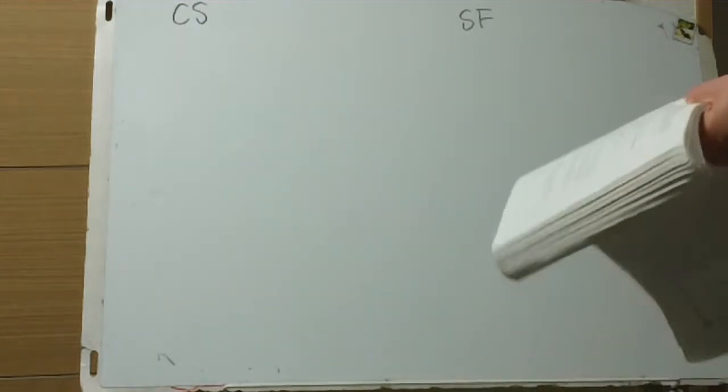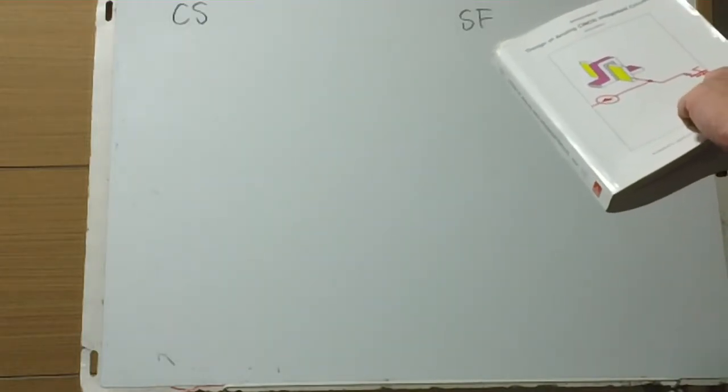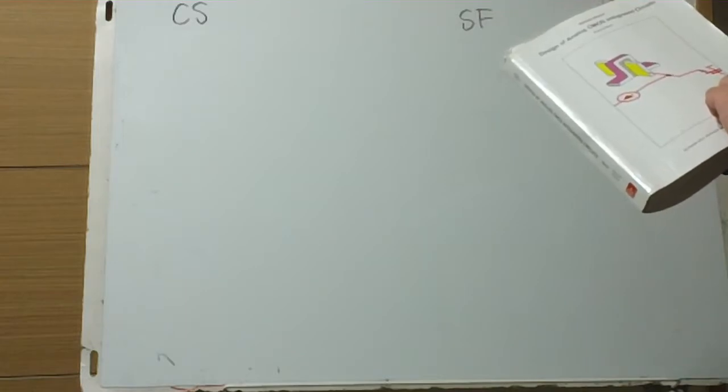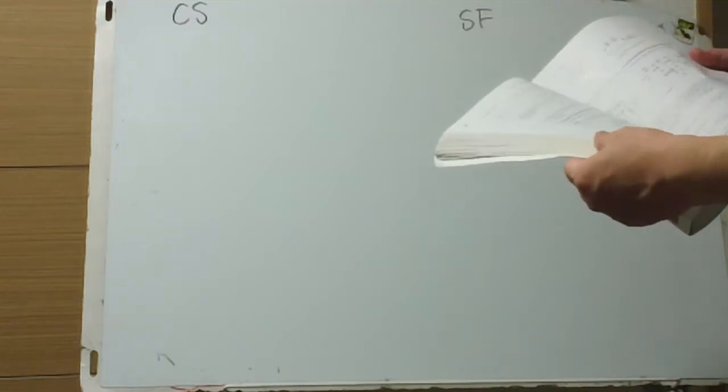But fortunately, we have a good textbook, Design of Analog CMOS Integrated Circuits, written by Razavi, second edition.